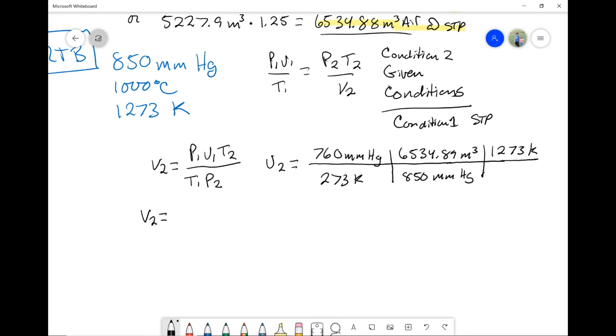And I got a kind of a big number. Let me punch these numbers again. I got 232050.